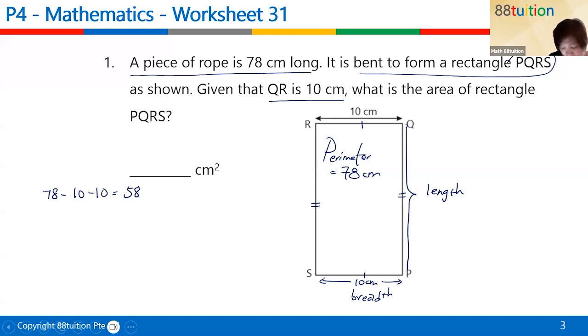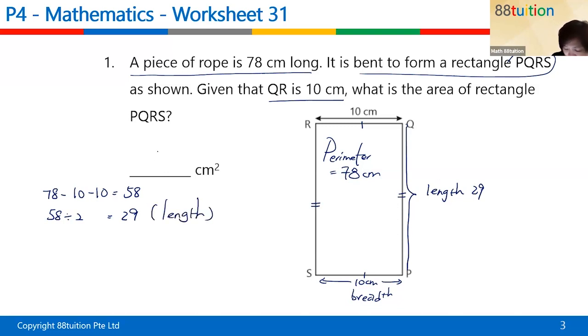So the 58 is meant for two lengths. So I need to divide this by 2 to get each length of 29. Okay, if you don't believe, I go and check back. 29 plus 29 plus 10 plus 10, you will get back to 78. So this is called the length of the rectangle.